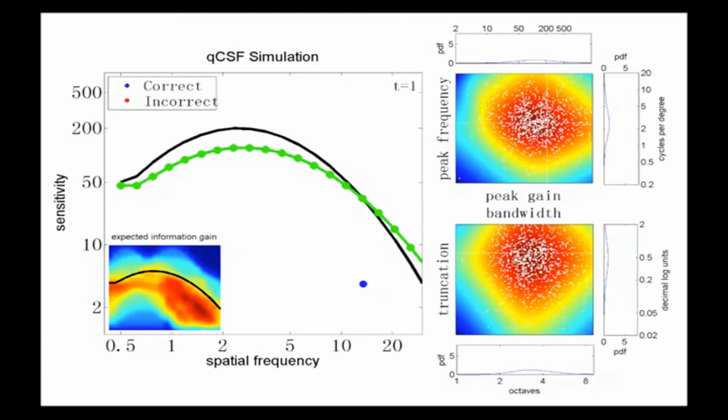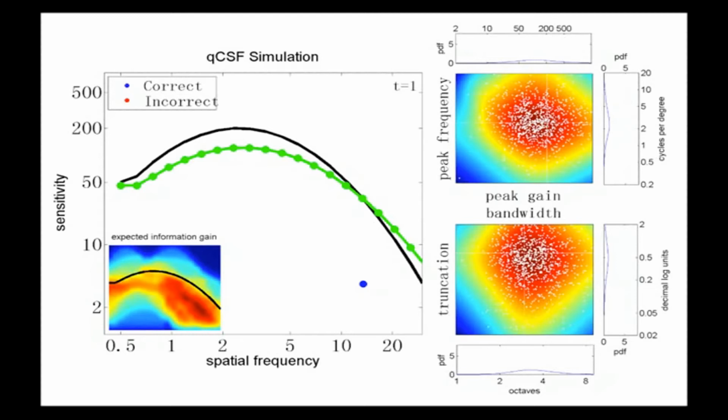Here's a demo of the original quick CSF algorithm. The black curve is the true contrast sensitivity function of the simulated observer. The color maps show the distributions of the parameters of the CSF and the CSF itself. In each trial, the algorithm selects the optimal test stimulus, collects the simulated observer's response, and updates the posterior distributions.